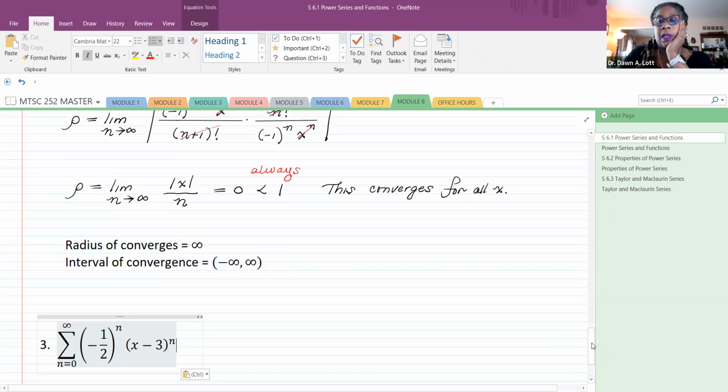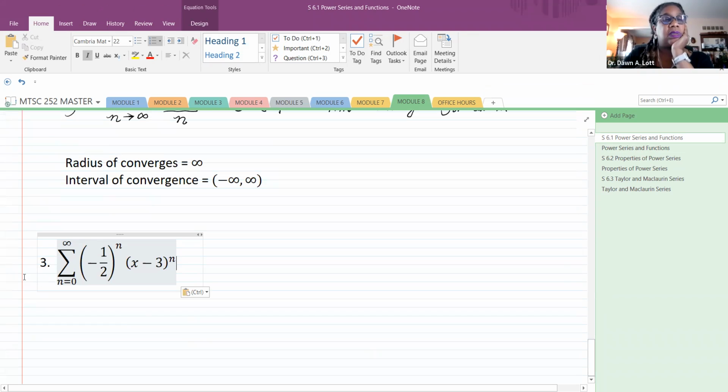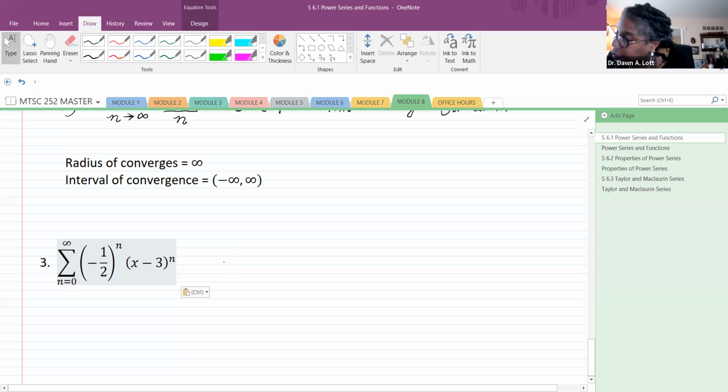Okay. So this one says sum n equals 0 to infinity of (-1/2)^n times (x minus 3)^n. So when I look at an, it turns out to be (-1/2)^n times (x minus 3)^n.